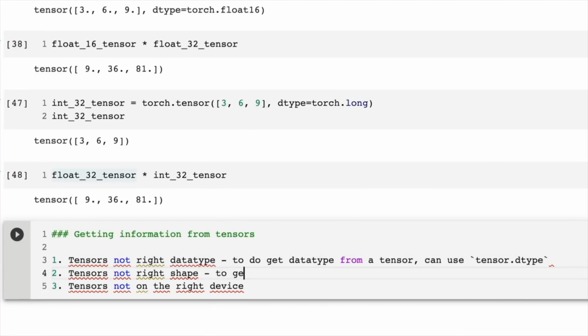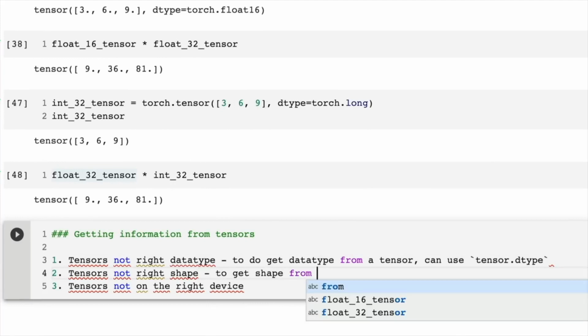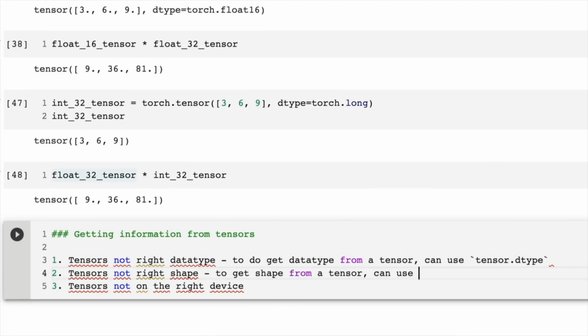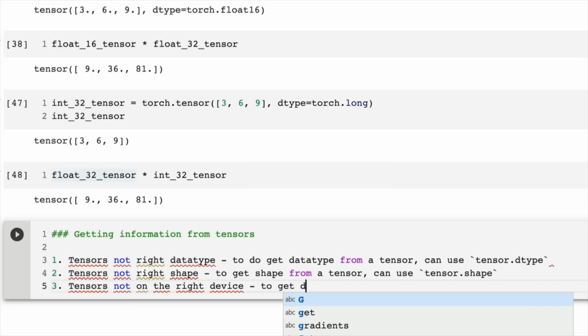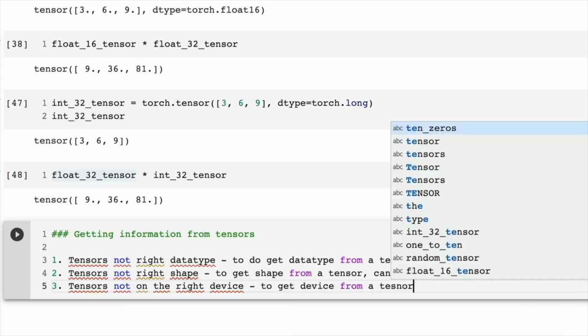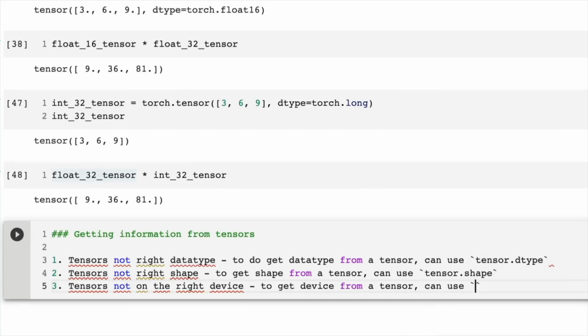To get shape from a tensor, can use tensor.shape, and to get device from a tensor, which device is it on, CPU or GPU, can use tensor.device. Let's see these 3 in action.